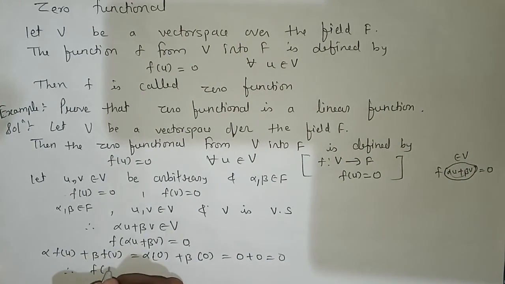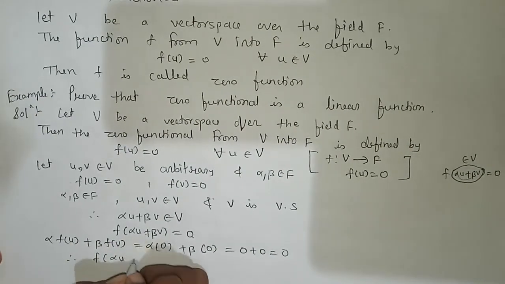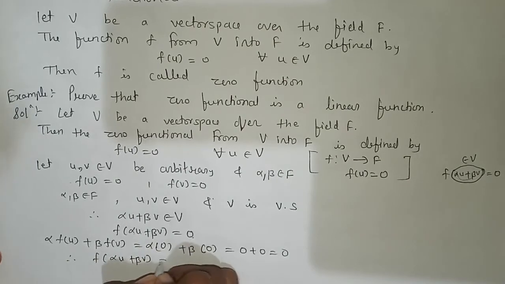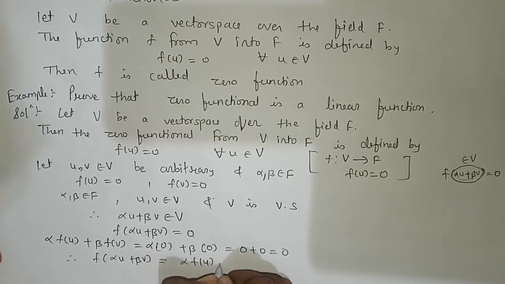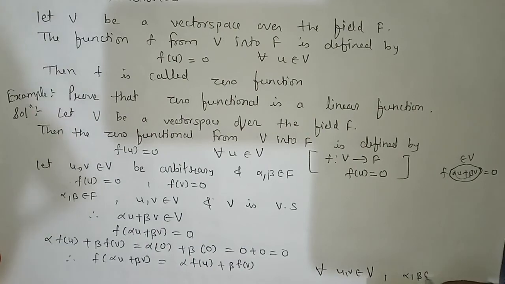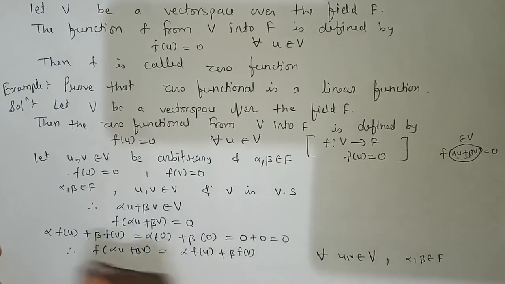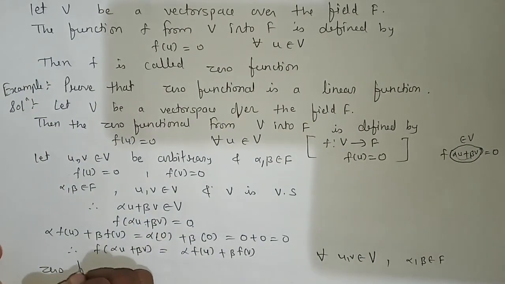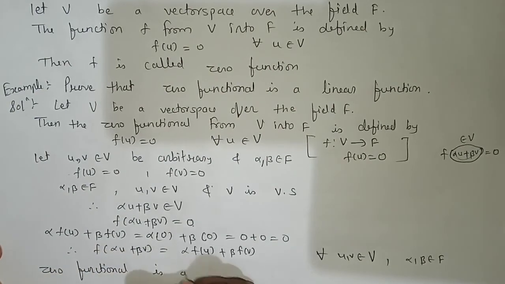Therefore we can say that f of alpha u plus beta v is equal to alpha times f of u plus beta f of v for all u, v belongs to V, and for all alpha, beta belongs to the field. So from this we can say that the zero functional is always a linear functional.